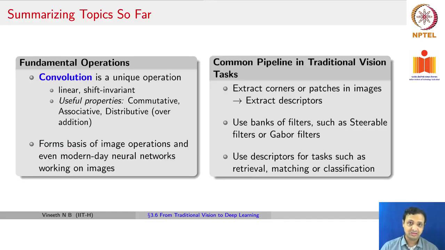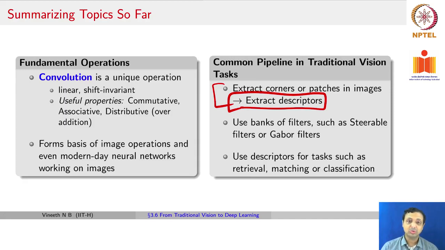We've also seen that the common pipeline in traditional vision tasks is that we typically extract some key points or interest points in images, which could be edges, or key points that have significant change in more than one direction. We then extract descriptors out of these key points. This was a common theme over the last week of lectures at least.